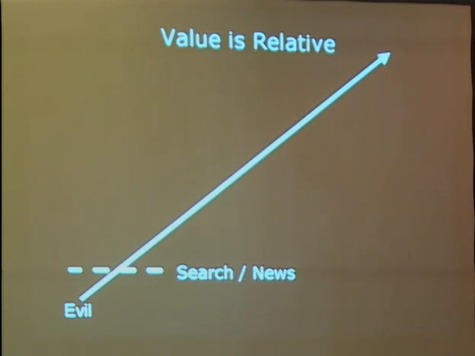At one end, say search and news sites, people may tolerate far less evil, so there's this threshold. Other people may value, say, porn very highly, so they'll tolerate a lot more evil. I'm just throwing out two arbitrary examples, but website designers will try to find that sweet spot. How much evil will people tolerate before they go somewhere else?